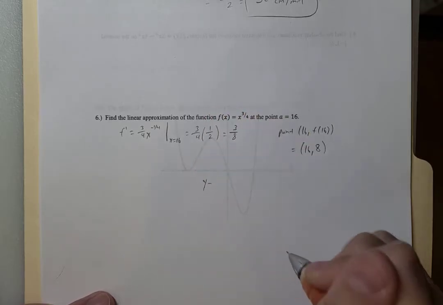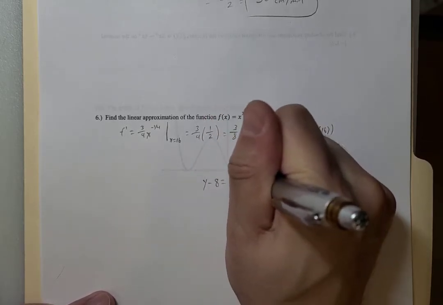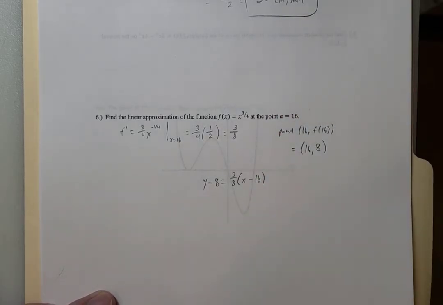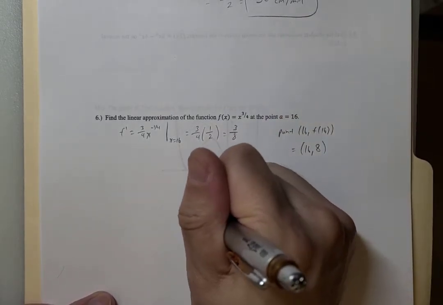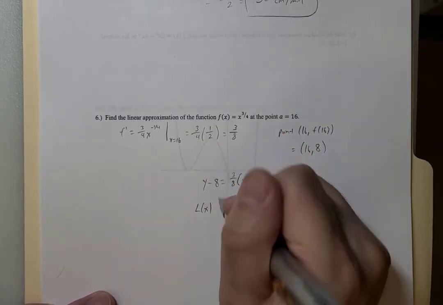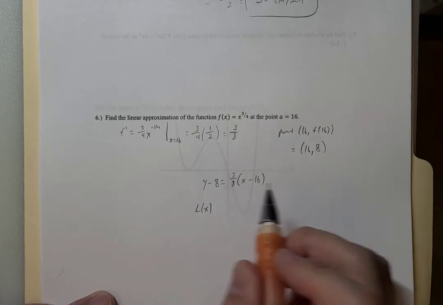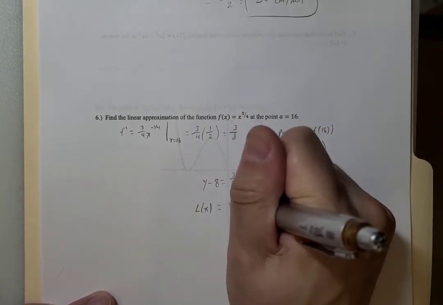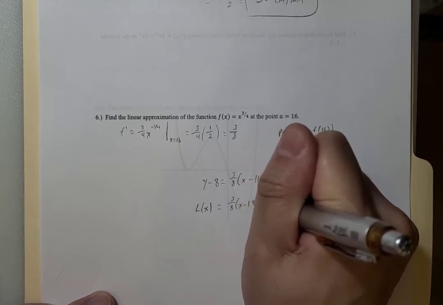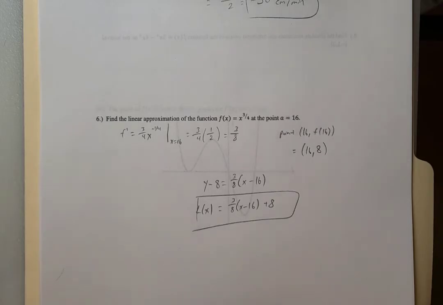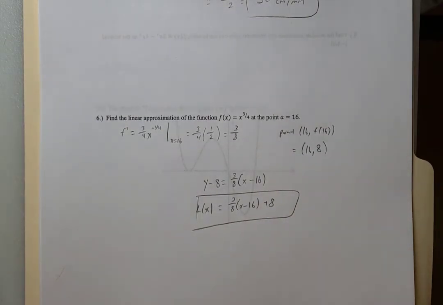That's y minus 8 is equal to 3 over 8 (x minus 16). All right, and then the linearization, L of x, I believe that's how they notate it. You just find y and replace y with L of x. I think that's it. So it'll be 3 over 8 (x minus 16) plus 8. Okay, that's how we solve this one.